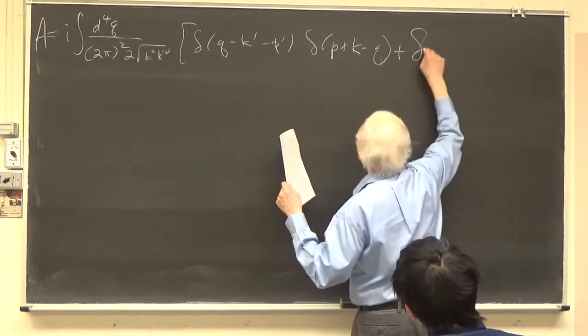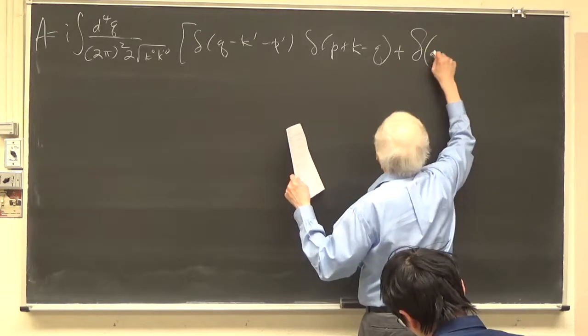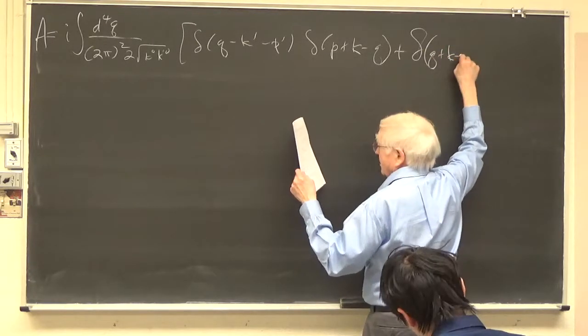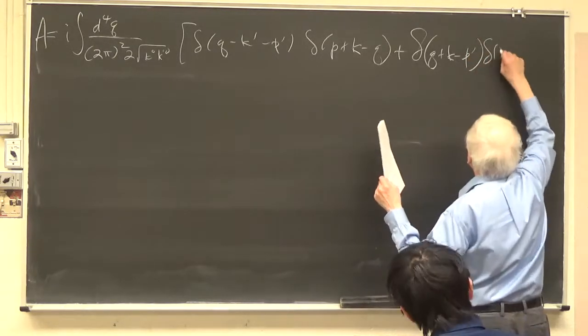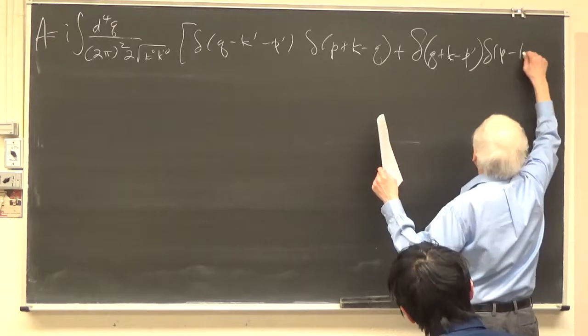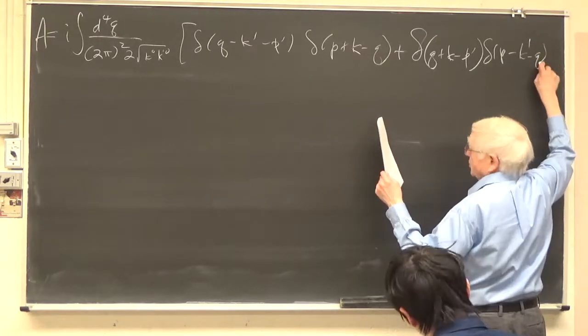The other term is delta of p plus k minus p prime, delta p minus k prime minus q.